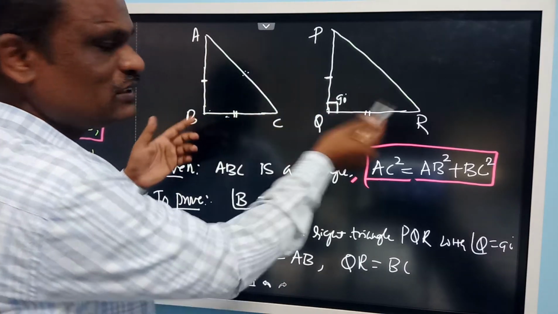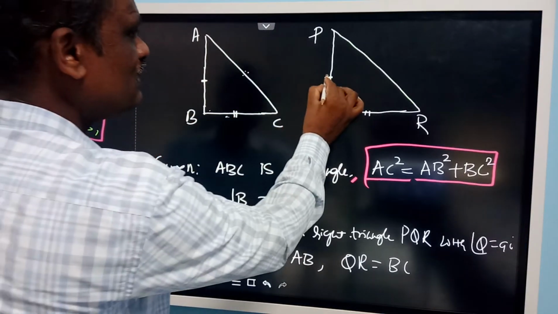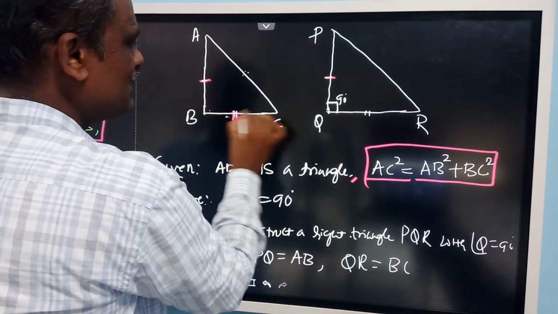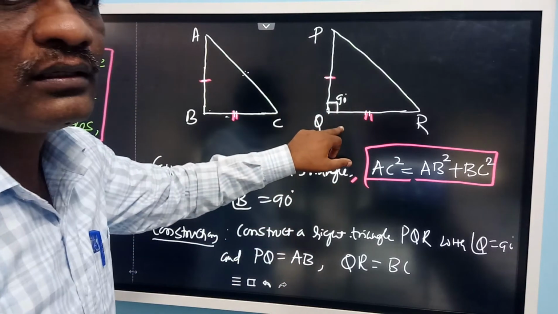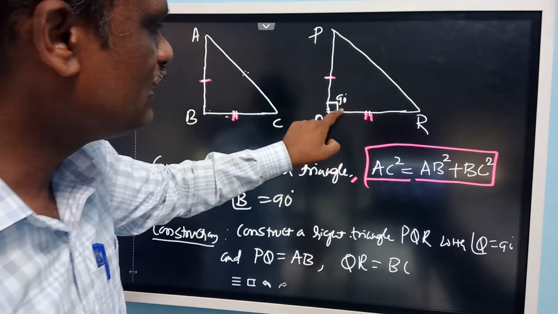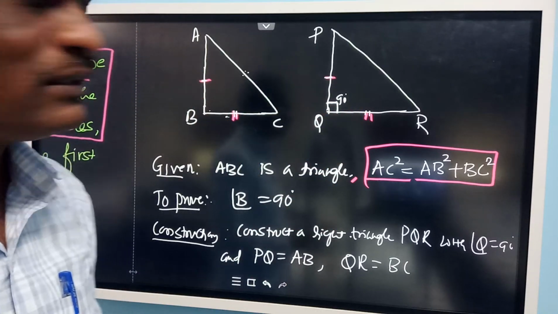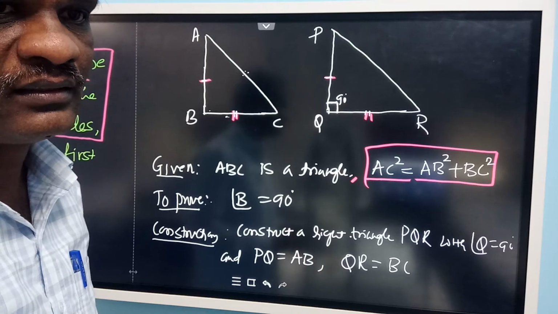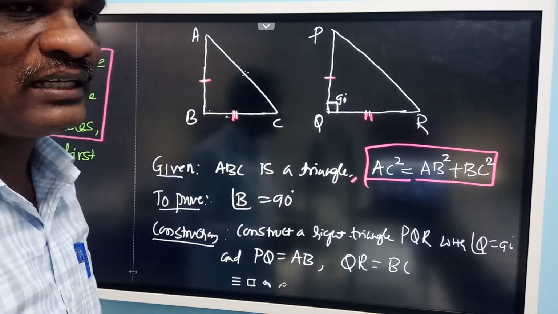If we compare these two triangles, this side is equal to this side and this side is equal to this side, that much only. We don't know whether B is 90 degree or not. We have to show that Q and B are the same, then it becomes a right angle triangle. We have to prove that B is 90 degree.